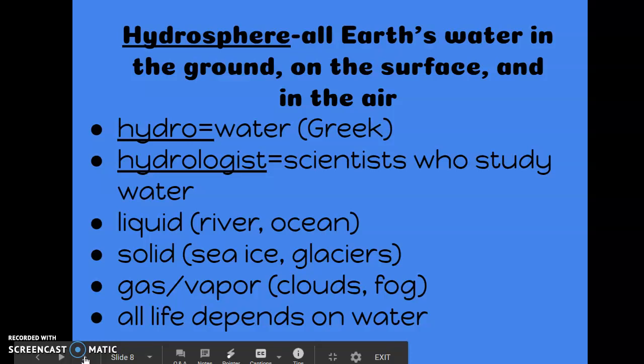And we know that all life depends on water. So right away, we know that without the hydrosphere, the biosphere wouldn't survive. The biosphere depends on water. And so we already start to see that connection of how these two systems already are interacting or depend on one another and how they each play a role.